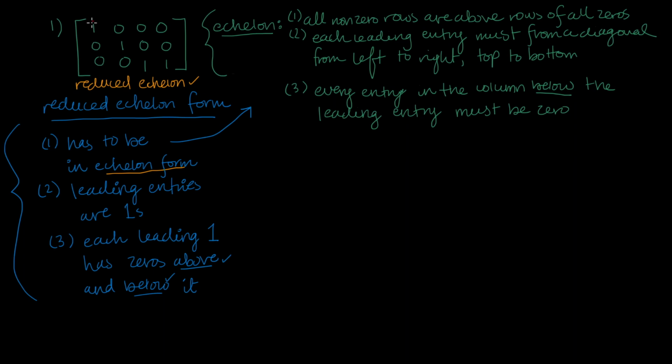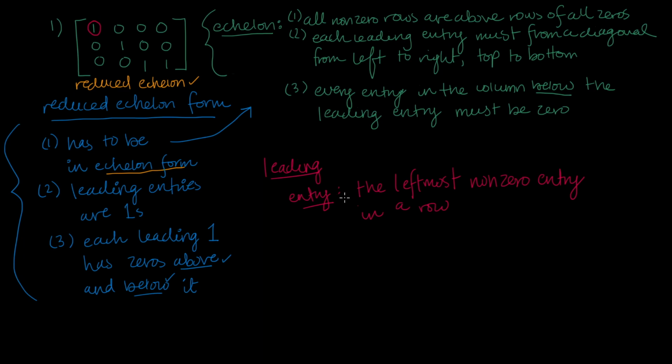Let's look at this. This is the first leading entry. And if we want to know what a leading entry is, I can write the definition here. A leading entry is the leftmost non-zero entry in a row.